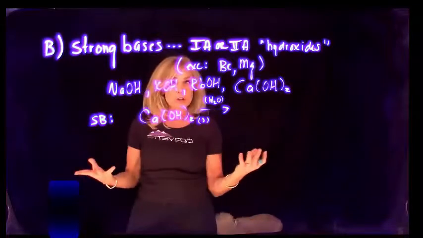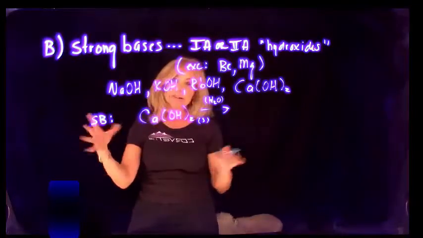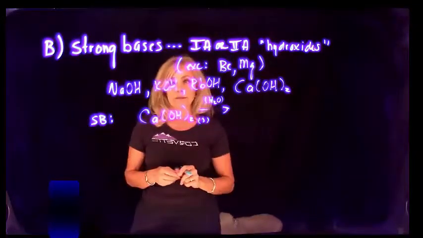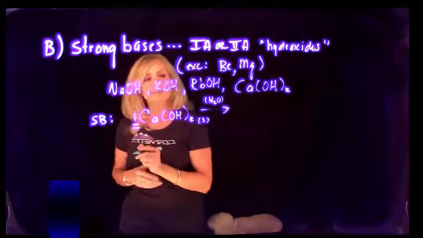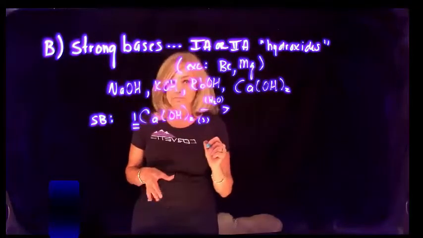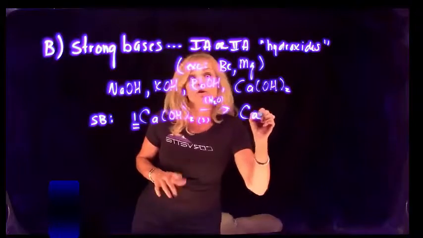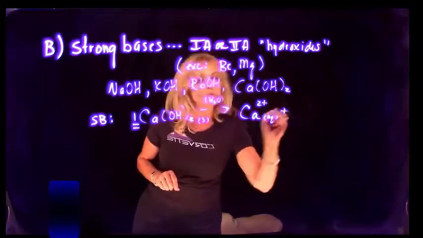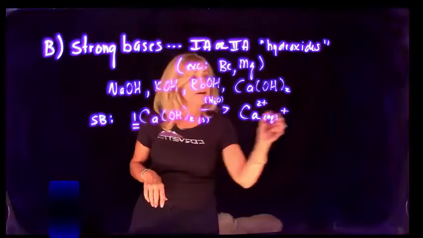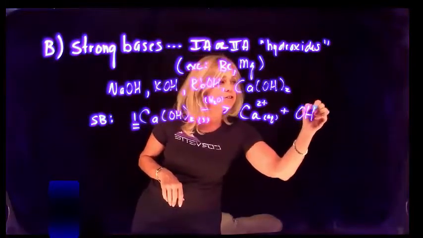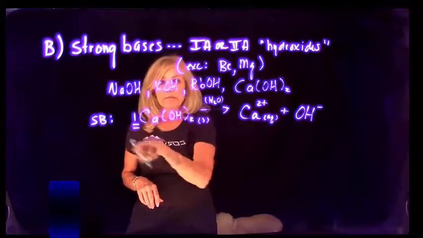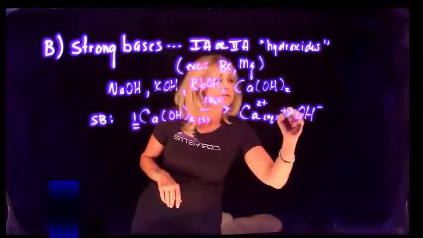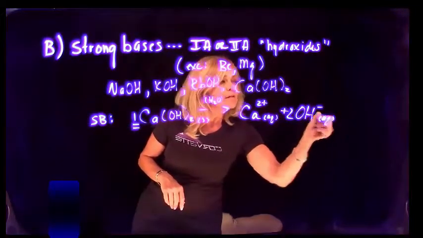It fully dissociates into calcium ions, the cation, and the hydroxide ion. For every one of these that breaks up: calcium, group 2A, charge 2+; hydroxide, polyatomic ion, charge -1. For every one of these that breaks up, you get 2 of these in solution.